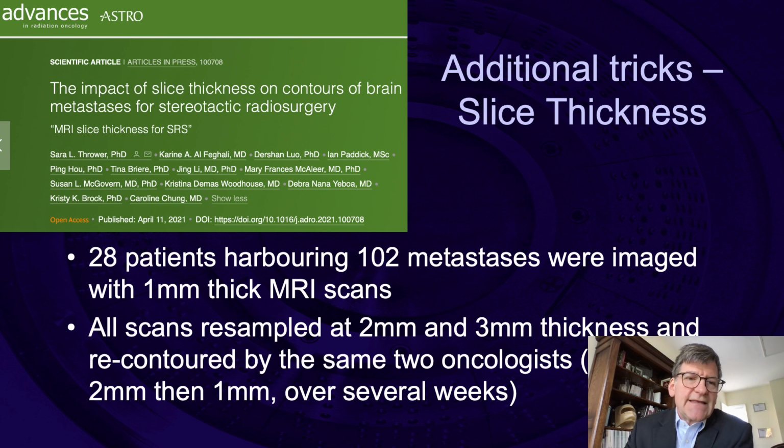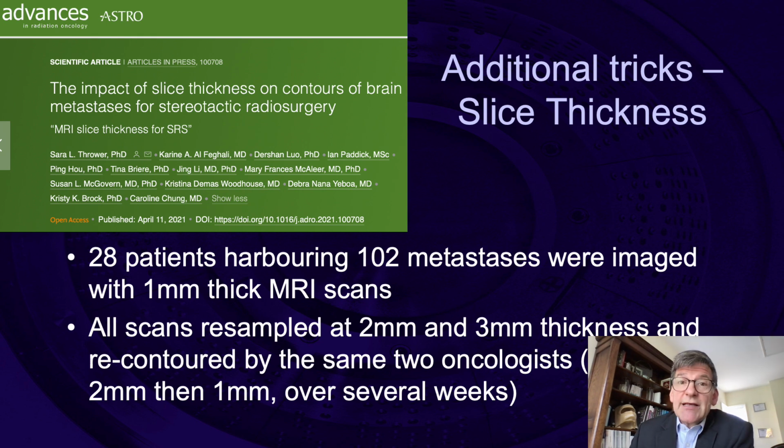Even the slice thickness makes a difference. And this was a study that I was delighted to be involved with the group from MD Anderson. I thought this was pretty obvious, but I remember going to a centre and encouraging them to reduce their slice thickness from 3 millimeters to something a bit lower, and the radiologist kicked back and said there's no peer-reviewed evidence that it makes a difference.